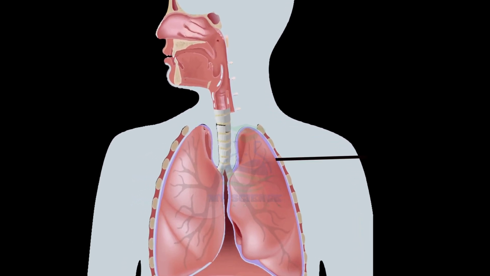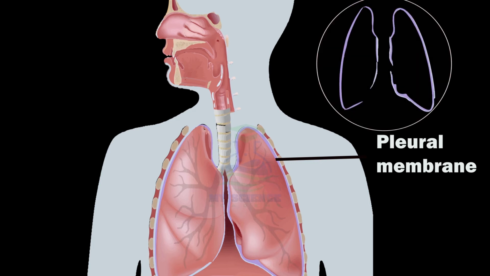Each lung is surrounded by pleural membrane, which is made up of external and internal pleural membranes. These membranes contain fluid inside that provide lubrication during the free expanding and contracting of lungs.